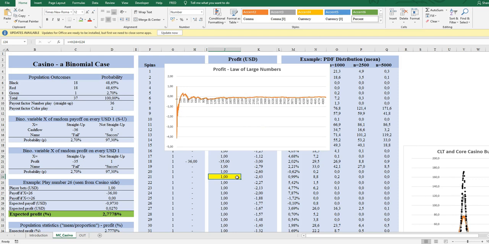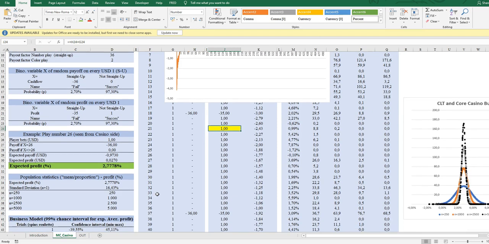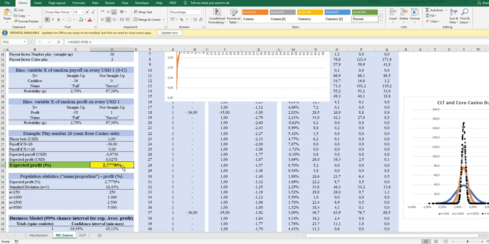That is, the average of the profit of every spin is getting closer and closer to a fixed number, which is the population value. So remember, the casino is a population game. It's not a sample game. The statistics underlying it are based on objective probabilities.